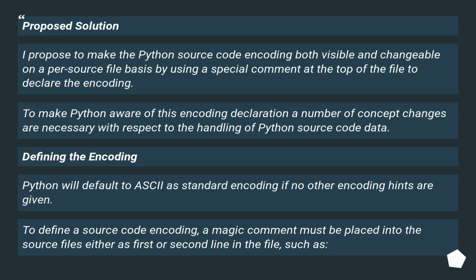Proposed solution: I propose to make the Python source code encoding both visible and changeable on a per source file basis by using a special comment at the top of the file to declare the encoding. To make Python aware of this encoding declaration, a number of concept changes are necessary with respect to the handling of Python source code data. Defining the encoding: Python will default to ASCII as standard encoding if no other encoding hints are given.